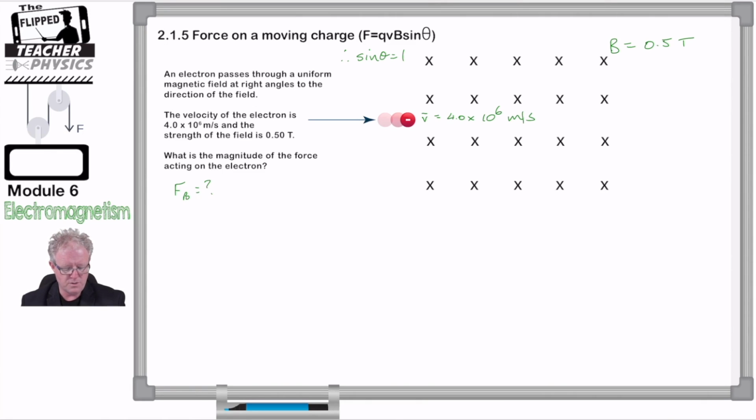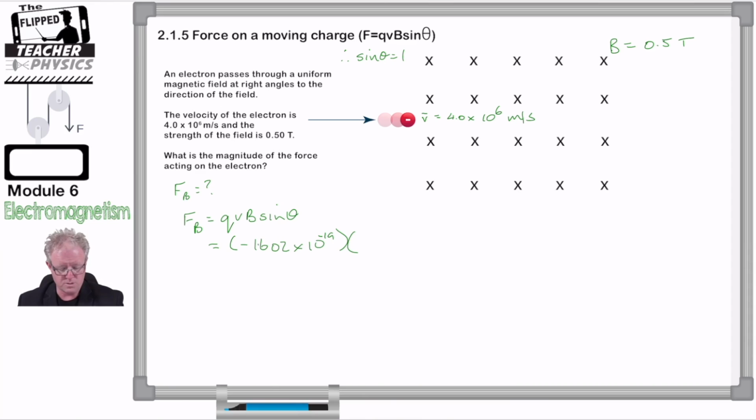Okay, so we know that FB is equal to qvB sine theta. We just said that sine theta is 1, so q is the charge on an electron. To find the charge on an electron, of course, you go to your data sheet. Your data sheet says the charge of an electron is minus 1.602 times 10 to the minus 19 coulombs.